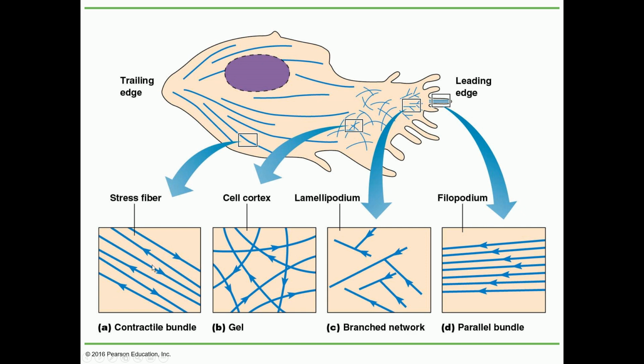This shows the arrangement of these actin microfilaments. Projections like filopodia and lamellipodia have different arrangements of the actin filaments. In the lamellipodia it is branched; in the filopodia they're parallel; in the cell cortex they're like a gel; and in the stress fibers they are like contractile bundles.